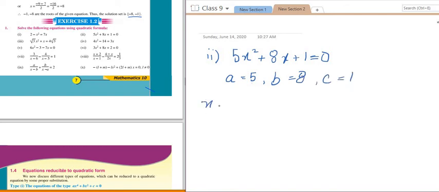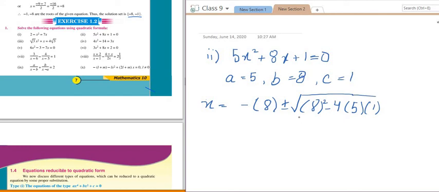Apply the formula. x equals minus b plus minus square root of b square minus 4ac, and the denominator is 2a.